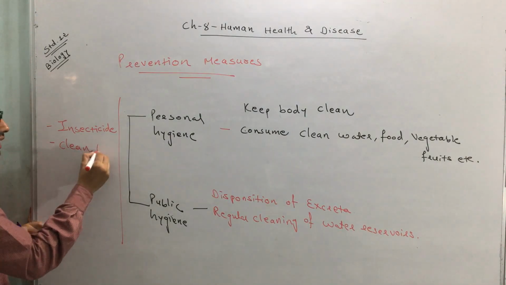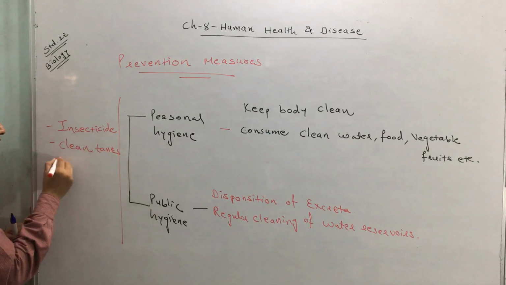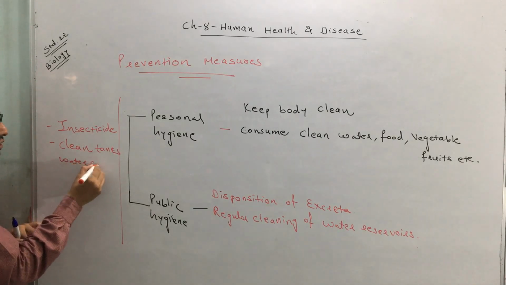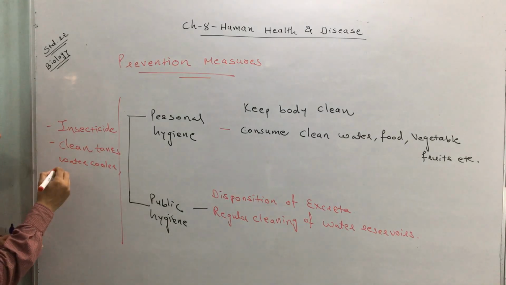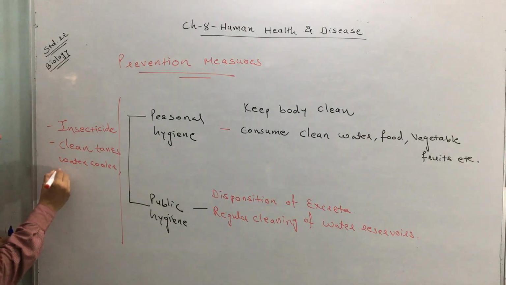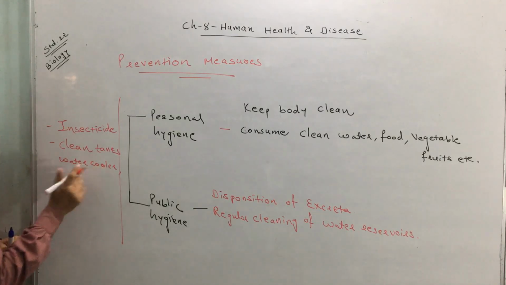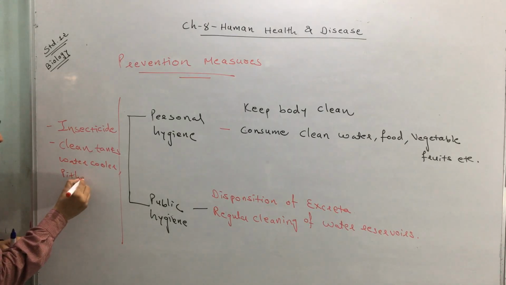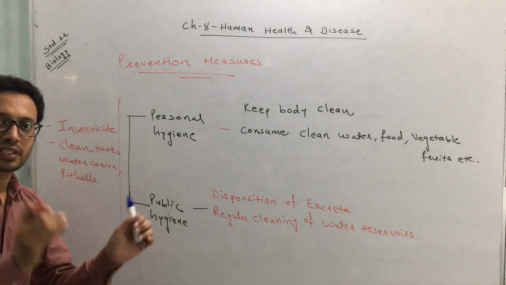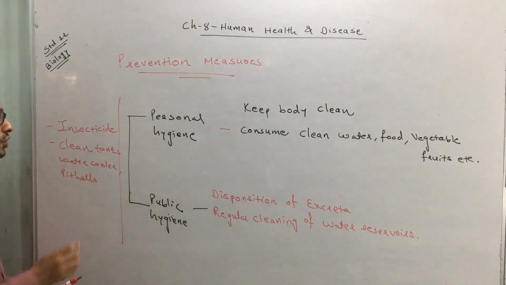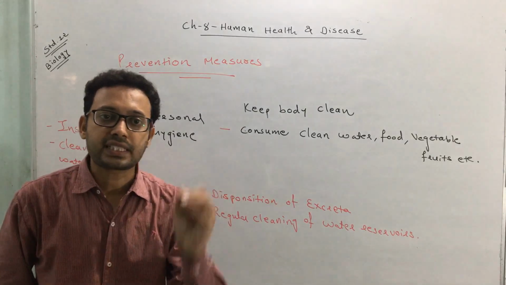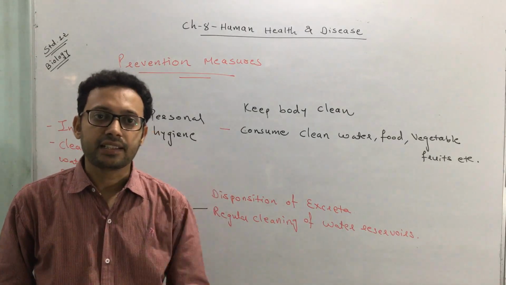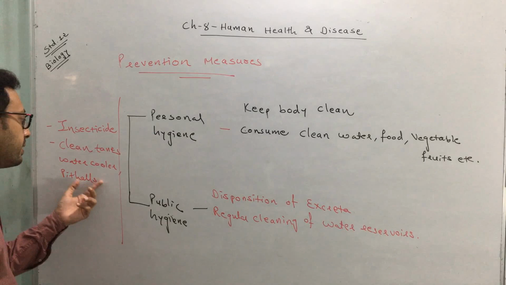So clean tanks, water coolers, because in a water cooler there is also stagnant water, or ponds, or pit holes. In the monsoon, in these pit holes, the water gets accumulated, so you can regularly clean such things where the water becomes stagnant. Okay, so such things have to be cleaned.